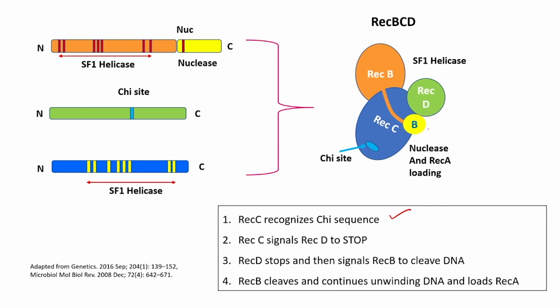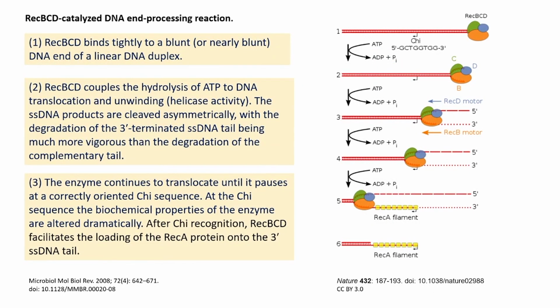RecD will then stop and signals RecB to cleave the DNA. RecB cleaves and continues unwinding DNA and loads the RecA molecule. Let us look into the various steps where RecBCD catalyzes DNA end processing and resection. So, there are various steps laid over here: 1, 2, 3, 4, 5, 6. We will discuss these steps one by one.